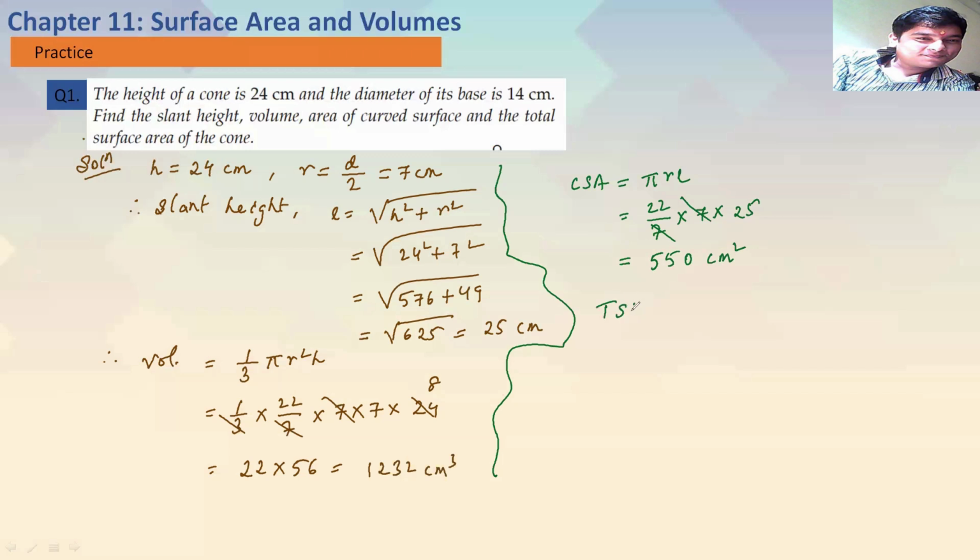TSA is also to be found out. Yes, sir. That's pi RL plus pi R square. Pi R common, so pi R into L plus R. Plug in the values.